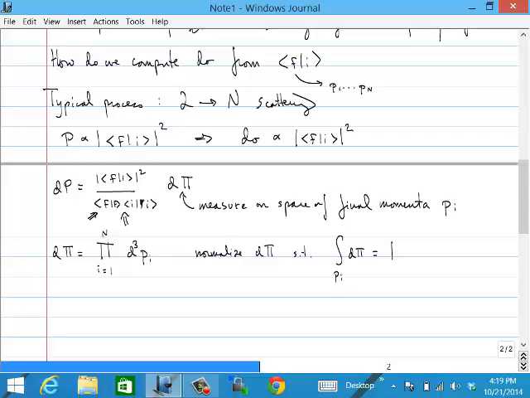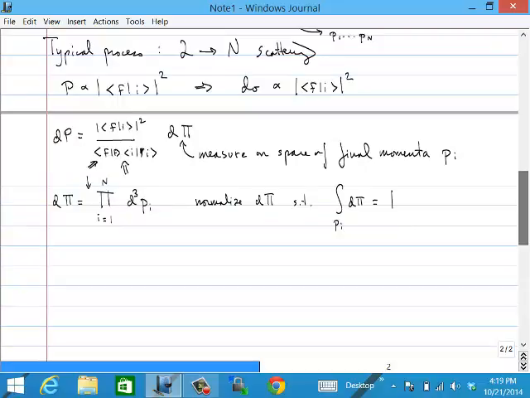Okay. So that means that there should be some normalization factor sitting right here in front of dΠ.